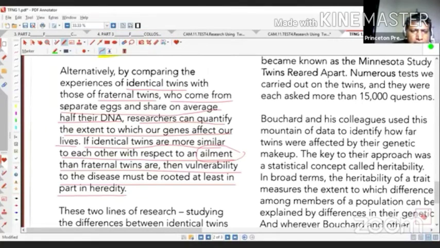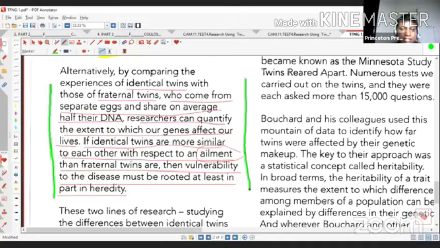Anyway, what are they trying to say, anybody? Is it true, false, or not given? Researchers can quantify the extent to which our genes affect us.